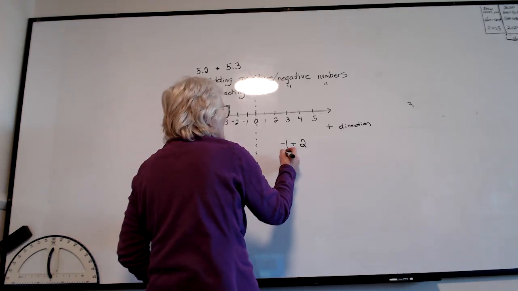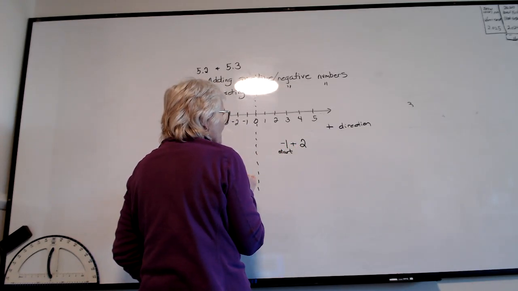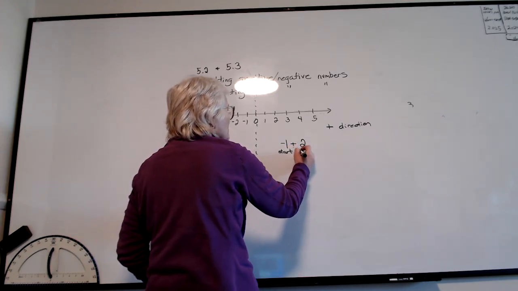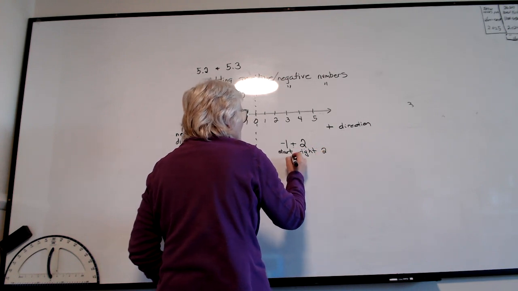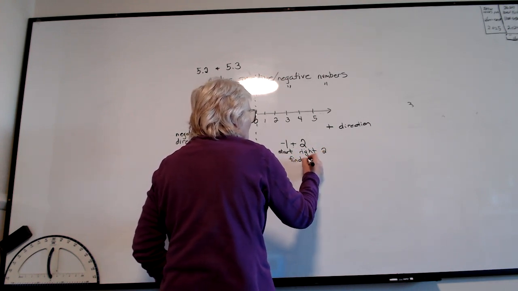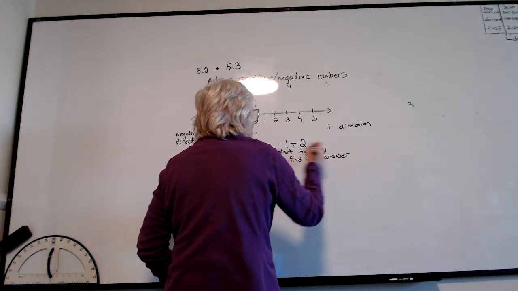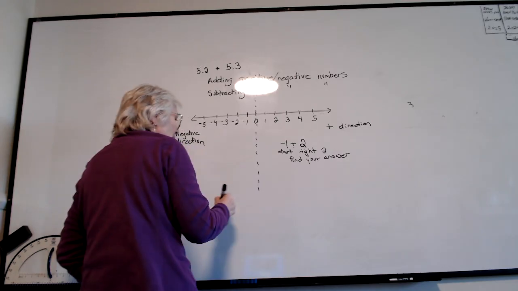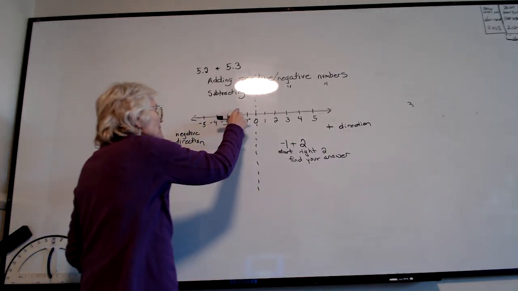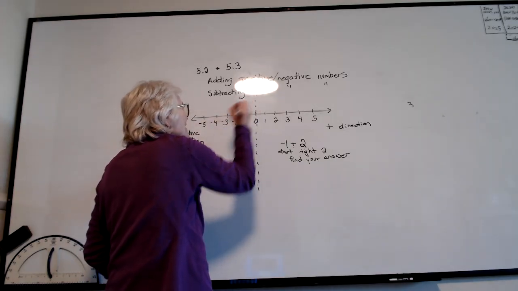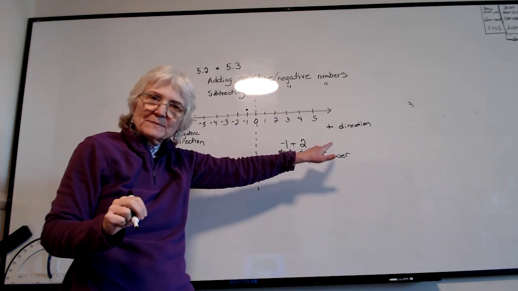How you do that is you start at -1. This plus 2 says go to the right 2, and then you find your answer. Okay, so this is your starting point. I'm going to start here at -1, and then I'm going to go to the right 2 spaces.